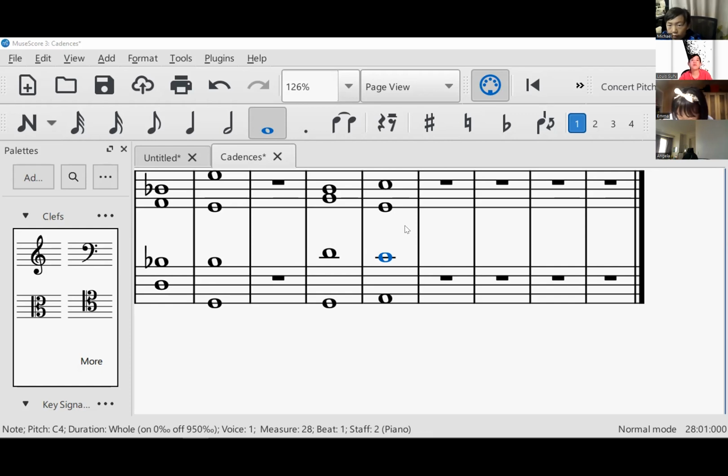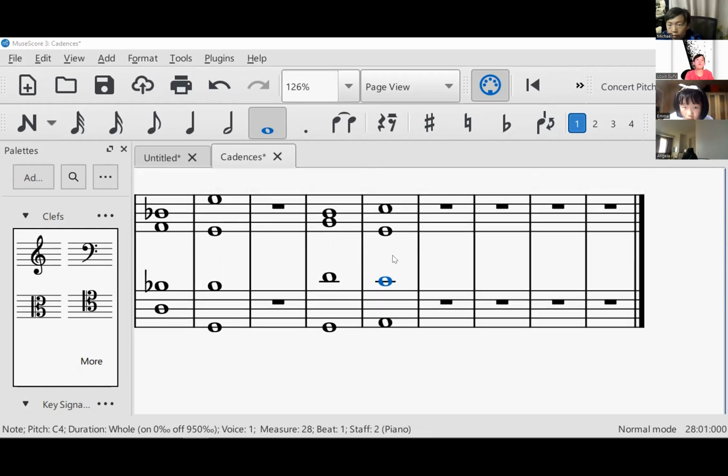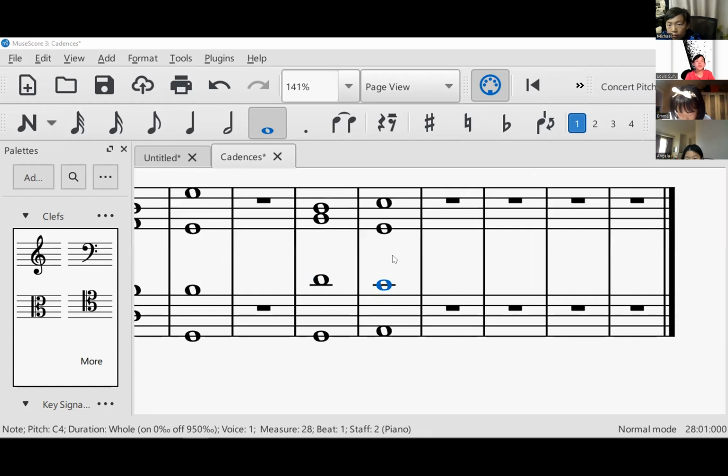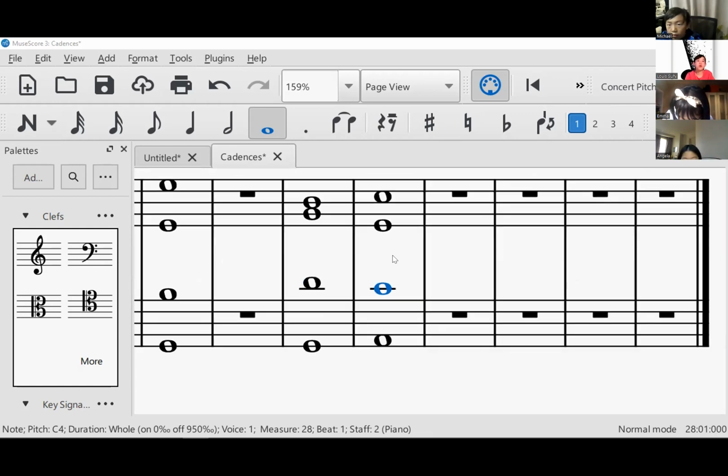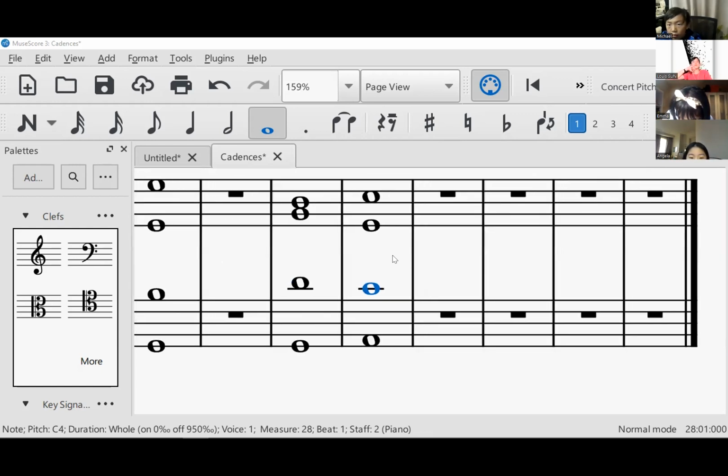The example is still on the screen for you if you want to see it. Interrupted cadence, two voices go up, two voices go down.